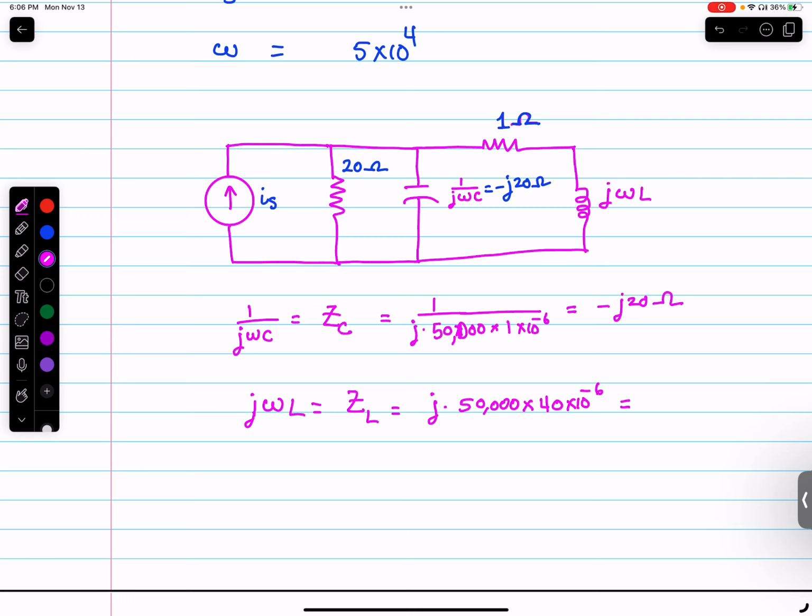You can plug the numbers in. This will come out to be j 2 ohms. So this guy is really j 2 ohms.